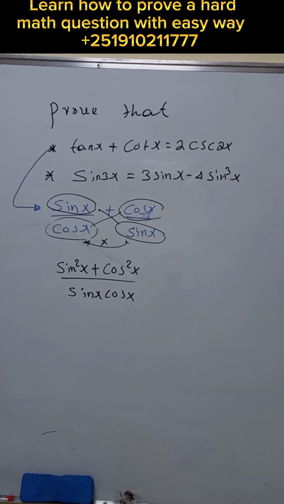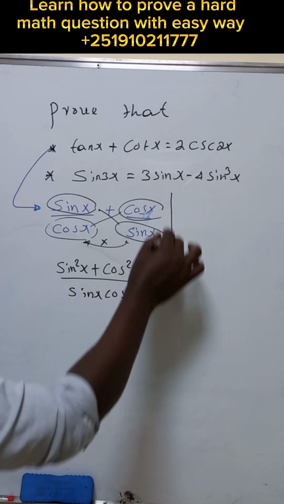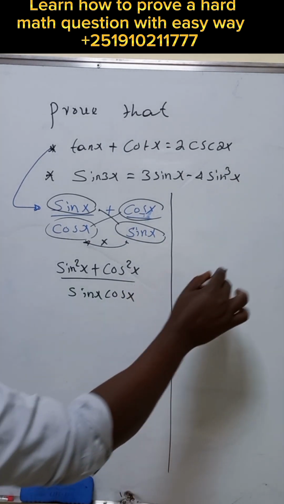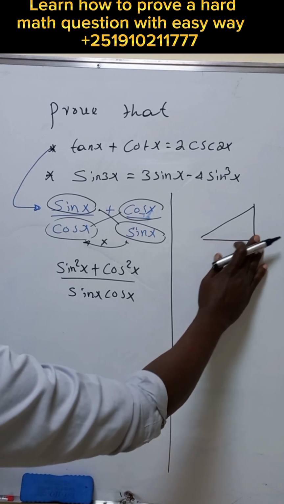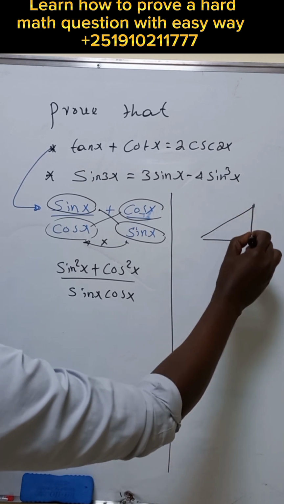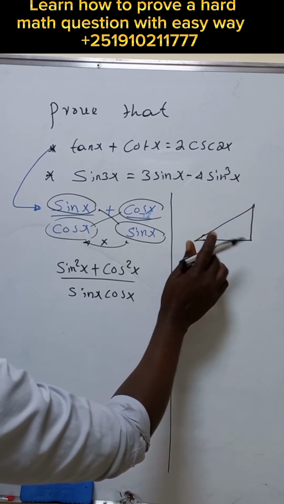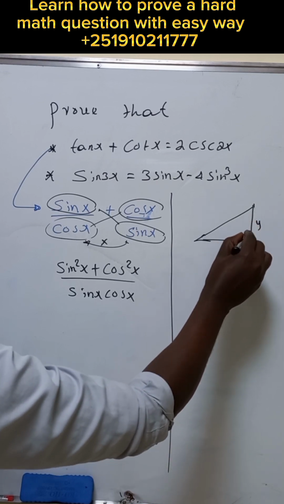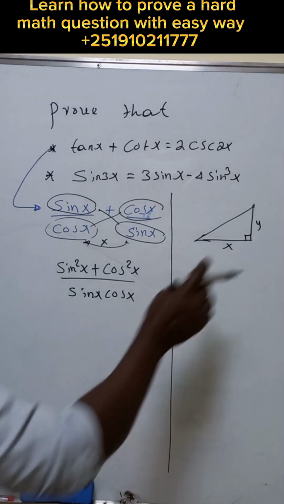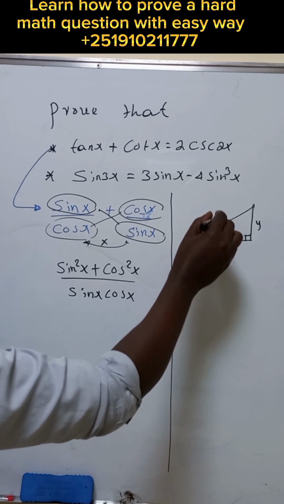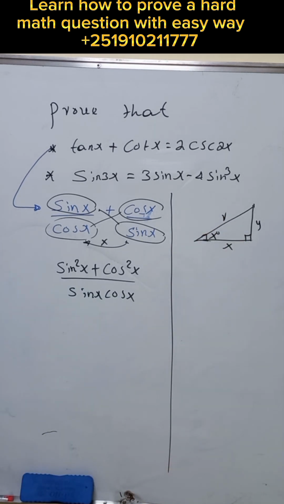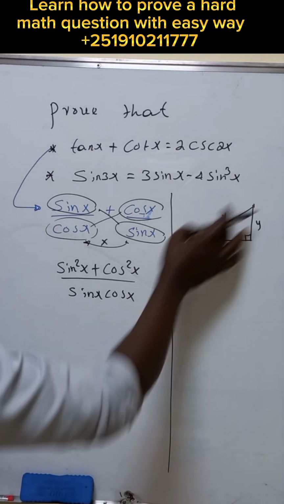From trigonometric identities, you know that if there is a right angle triangle, assume this is the right angle triangle, with sides x and y, this is the right angle at the corner point, and this angle is x degrees, and the hypotenuse is r, or we can take this as 1.